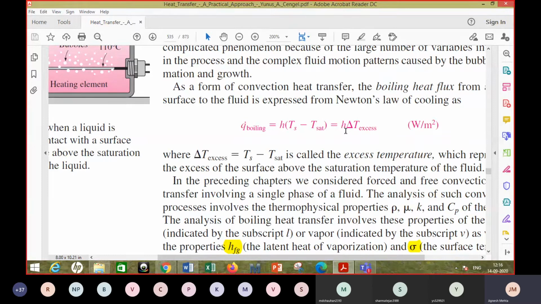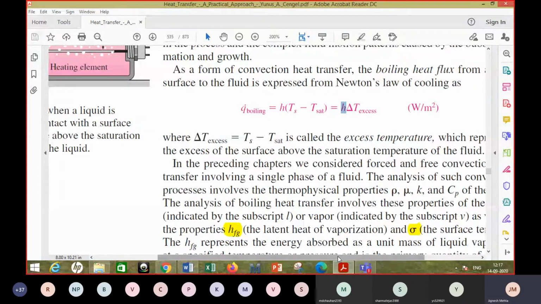So that is h into delta T excess, right, so that surface temperature minus saturation temperature. So in this case, it is 110 minus 100. So 10 degree Celsius or 10 Kelvin is the excess temperature, and h is the heat transfer coefficient related with this boiling phenomena.